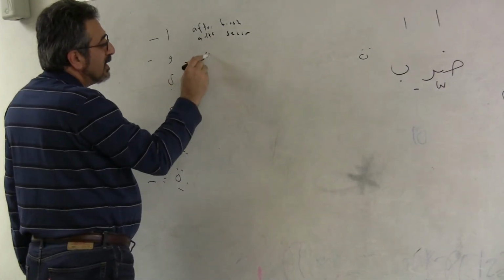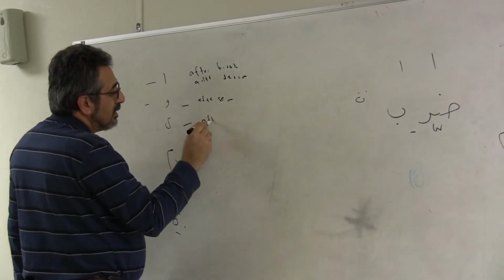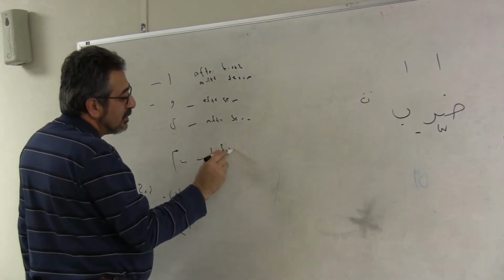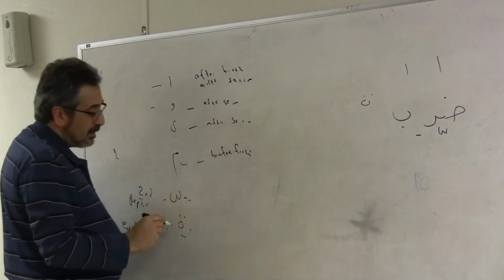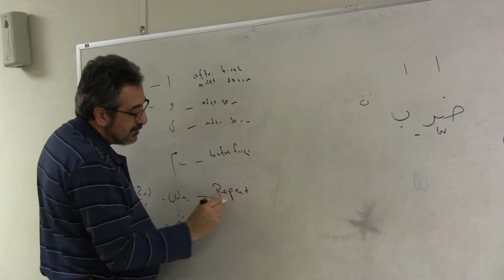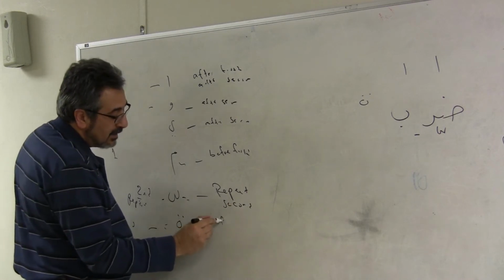Waw is after the second. Ya after the second. After the second. Shadda, repeat the second. Ta after the last.